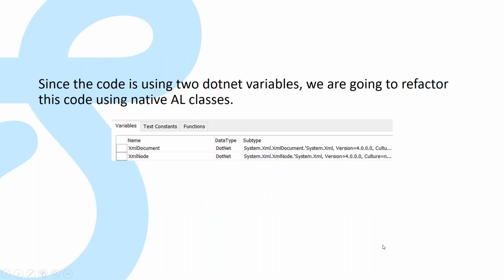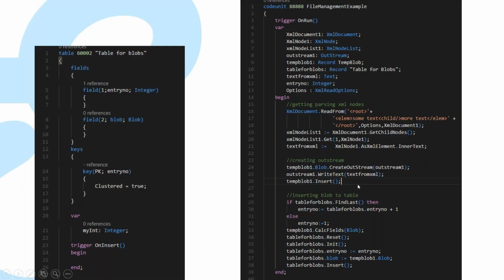So since the code is using two .NET variables for AL, we're going to have to refactor this code using AL classes. So we had XML document and XML node classes for .NET, and the output for that refactoring would be the following.